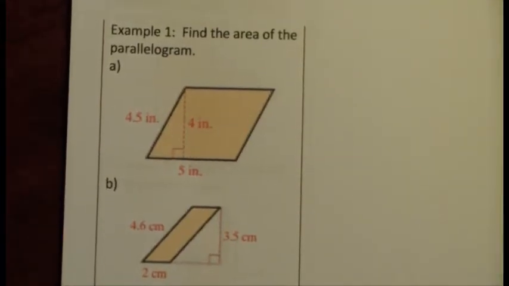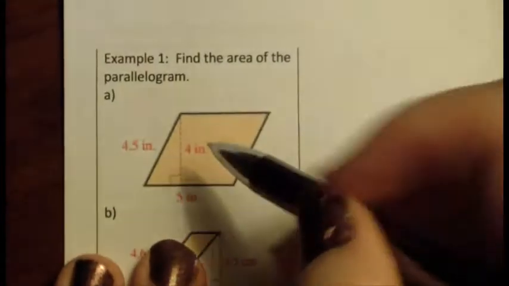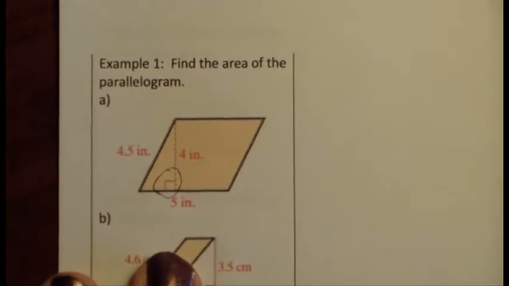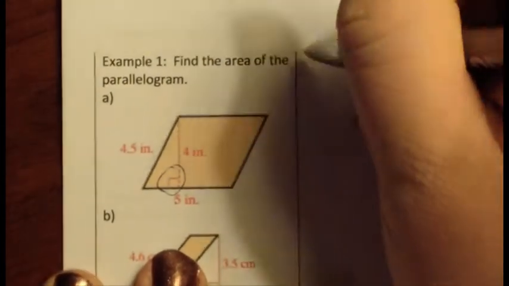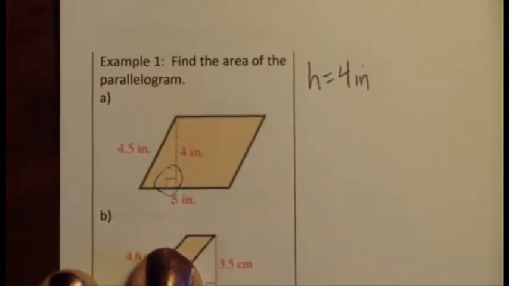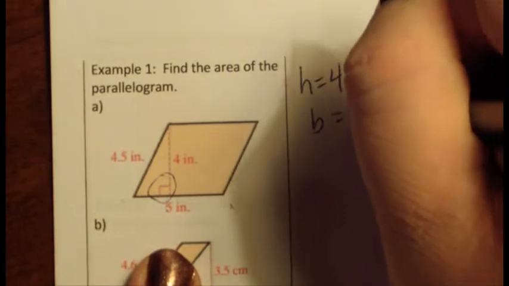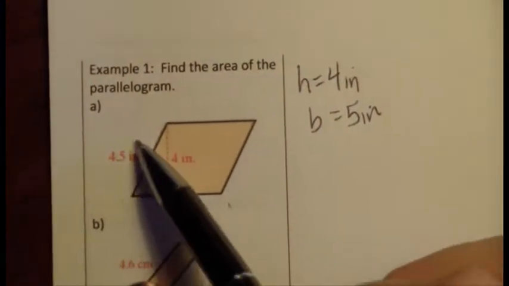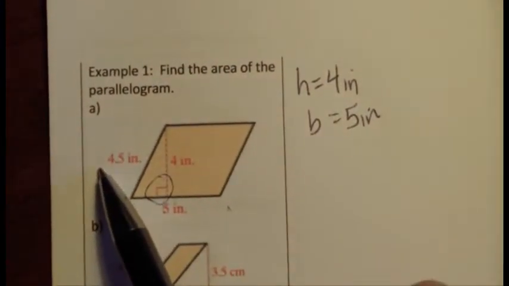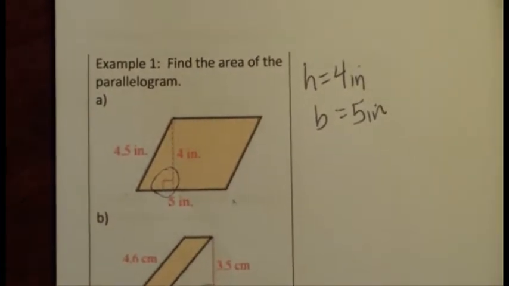Example 1. It says to find the area of the parallelogram. All right, so in our picture right here, here's our right angle. So we know this is our height, and this is our base. We do have this 4.5 inches over here. We don't need it. It's basically extra information.